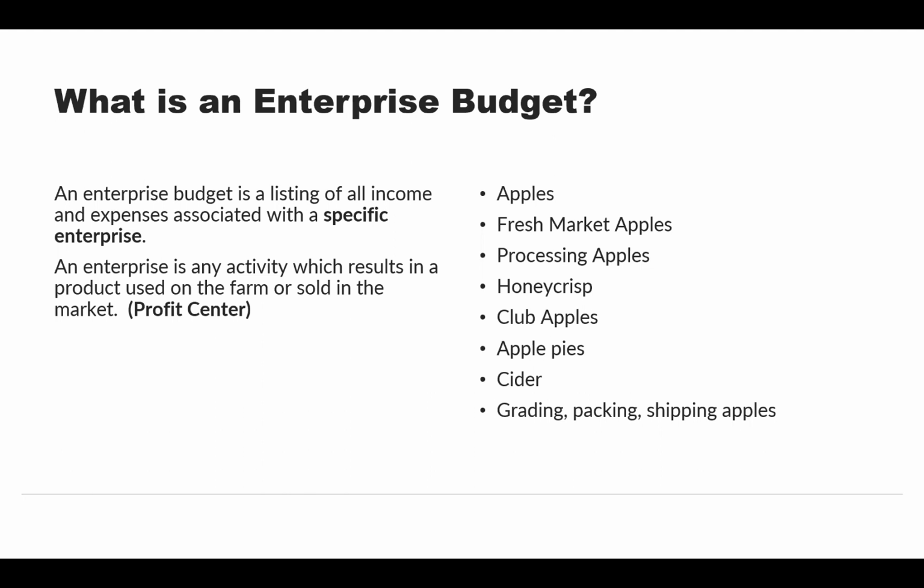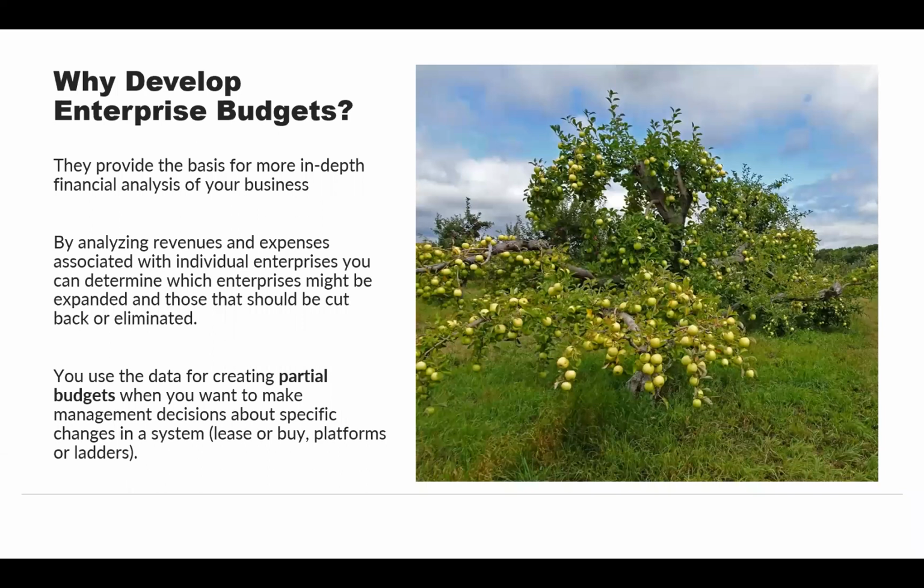You might want to divide your farm into the production enterprise and then the packing and shipping enterprise. So those are enterprises, and an enterprise budget is all the specific income and expenses around whatever you've defined there. So why even bother doing this?